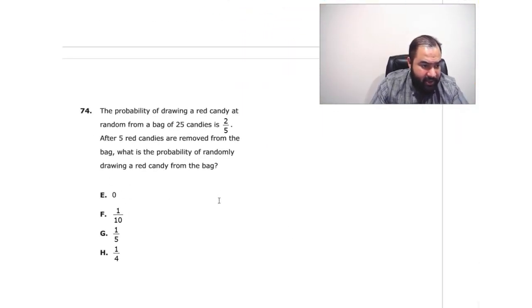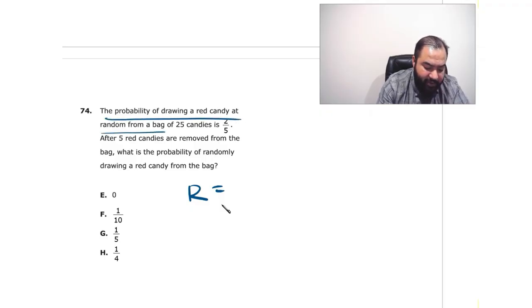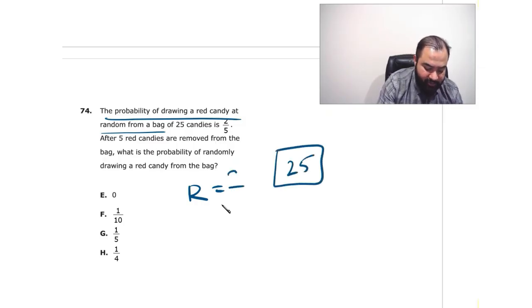The second says the probability of drawing a red candy at random from a bag of 25 candies. So we have a bag with 25 candies, and the probability of drawing red is 2/5.